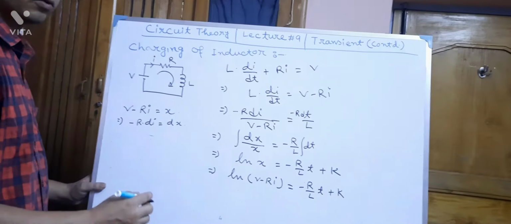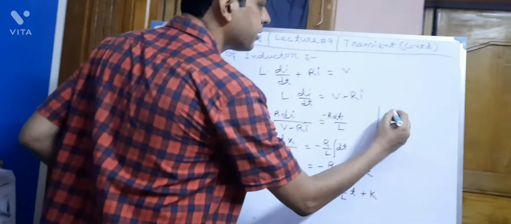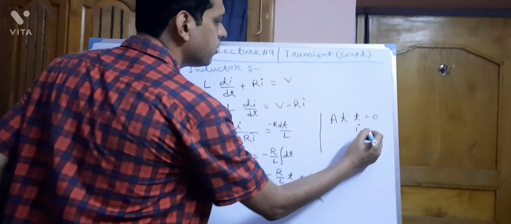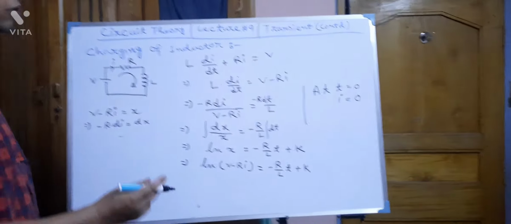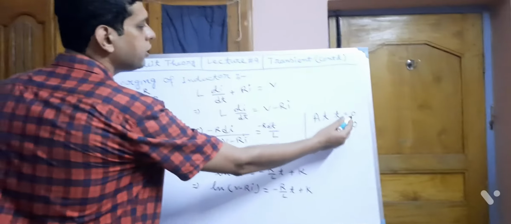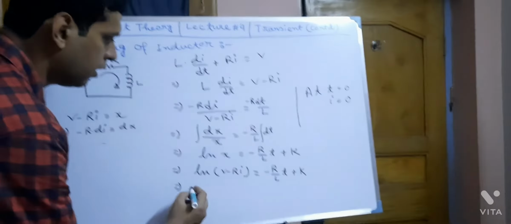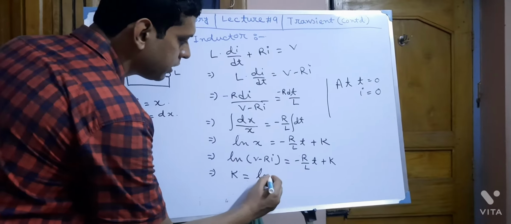Now we have assumed that at t equal to 0, i is equal to 0, or the inductor is initially relaxed. So if we put t equal to 0 and i equal to 0, we will get k equal to what? k equal to ln v.